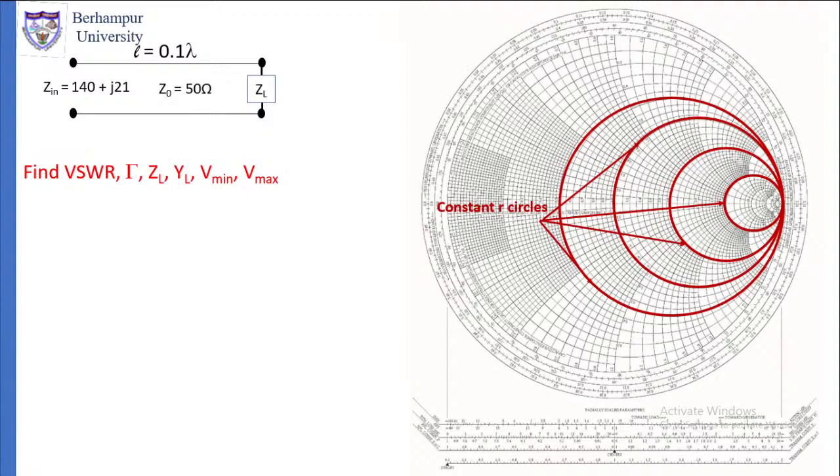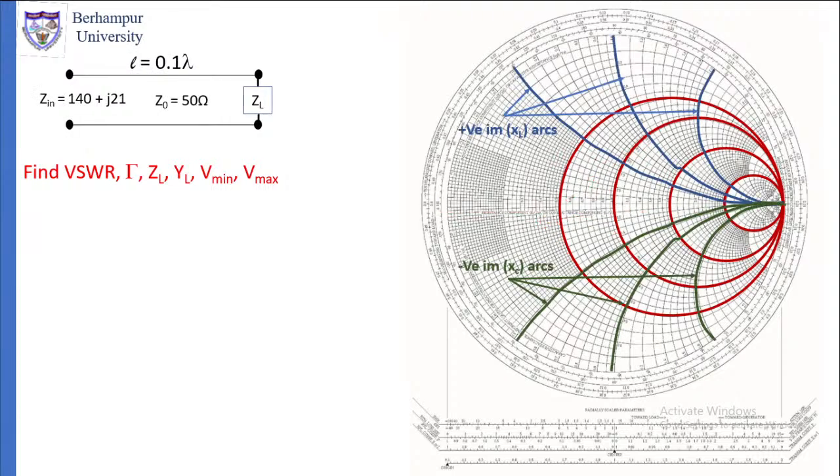Then the next point to remember about the Smith chart is the positive arcs and the negative arcs. So there are two arcs you can see in the above part. These are written as positive imaginary arcs. So those were real circles, these are imaginary arcs. The circles are real because R is real.